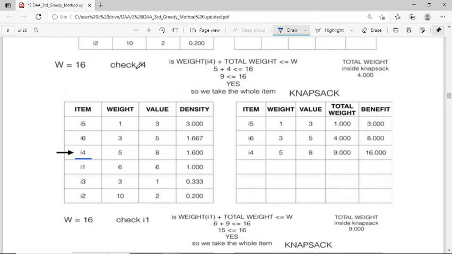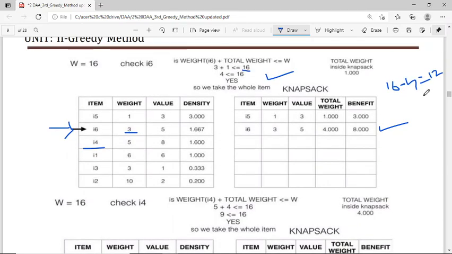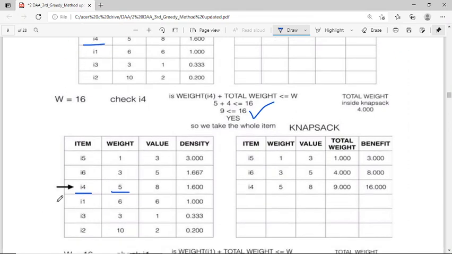I4. What is the weight of I4? I4 is 5 plus the total weight. What is the total weight? We remove 4. So 4. 5 plus 4 less than or equal to 16. So 9 less than or equal to 16. Yes, true. Add this number here.